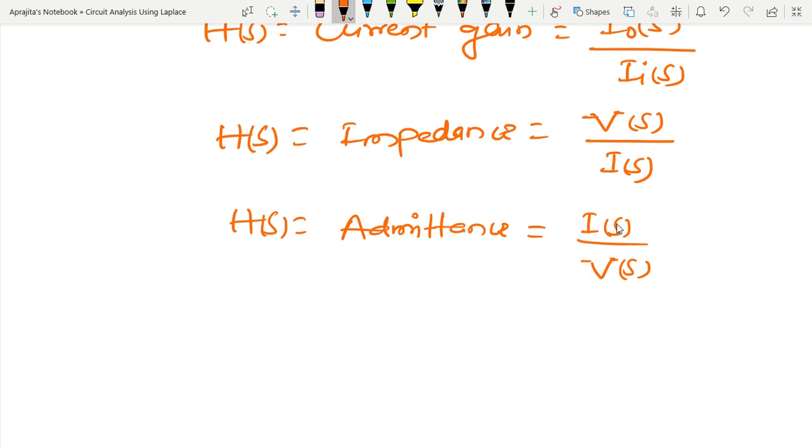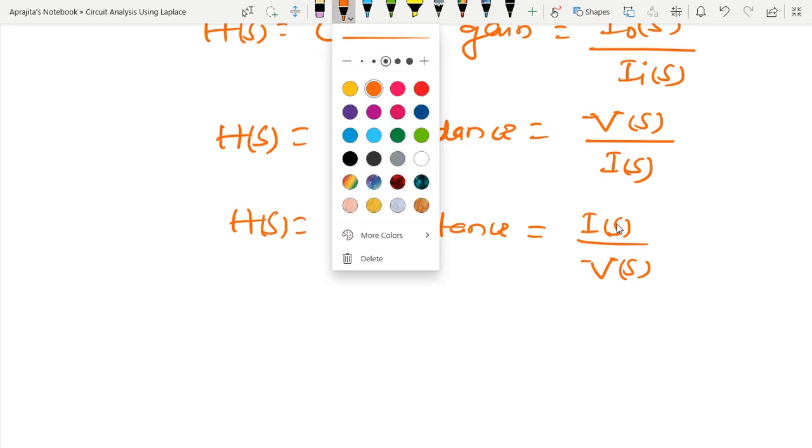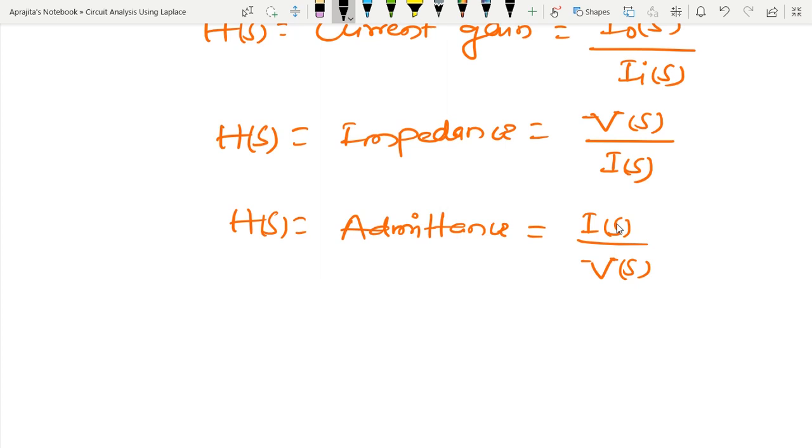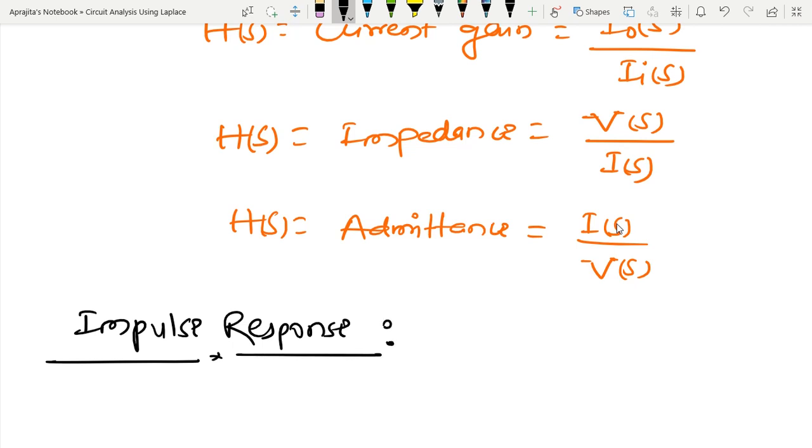So, apart from the transfer function, one of the popular definitions is called the impulse response. So let us talk about the impulse response. People frequently use this kind of terminology. So let us try to see the definition.